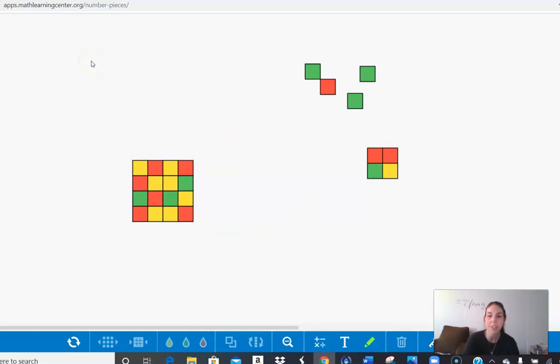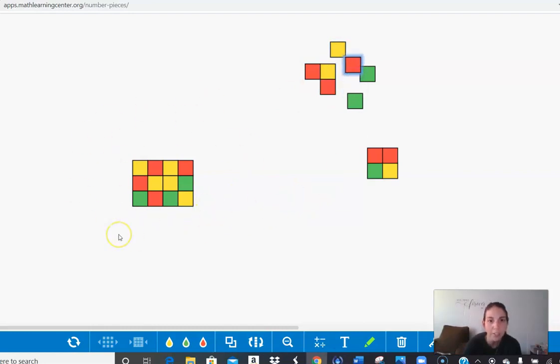Get 12 of your counters, and what would you do if you had 12? 1, 2, 3, 4. So that would mean one of these rows would be gone. So using what I have here, 12, how could I change that? Right now it's 1, 2, 3, 4 across, and 1, 2, 3 down.